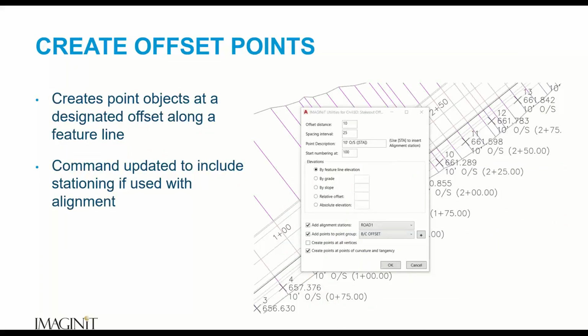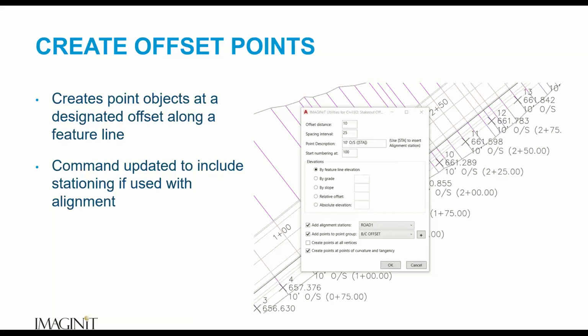So the create offset points command, this is one that was added a couple of years ago. We had a client that we worked with here on the East Coast, and they said this is a really great tool. We use it all the time for creating stakeout points for our surveyors. But it'd be a little bit better if we could reference alignment information.